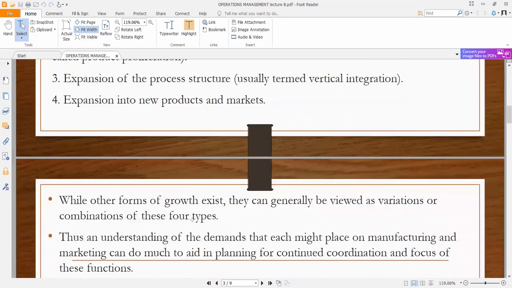So here we're basically talking about how you are able to penetrate the market. At what point are you able to choose a business and enter into the market?